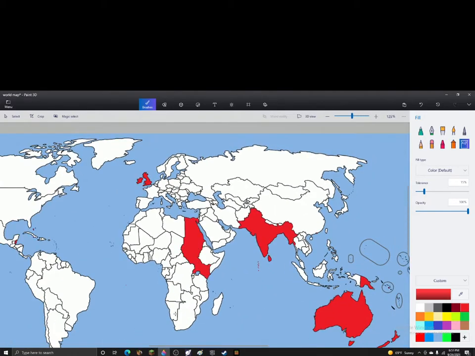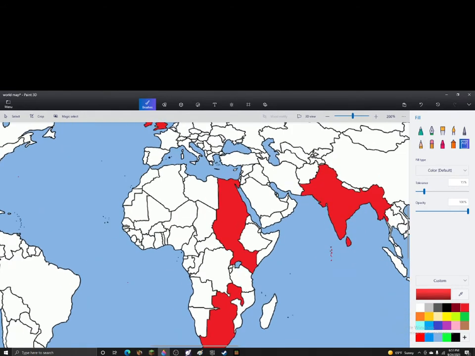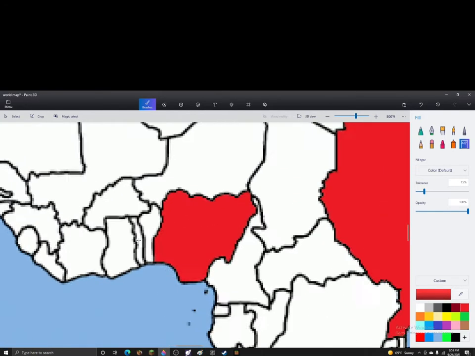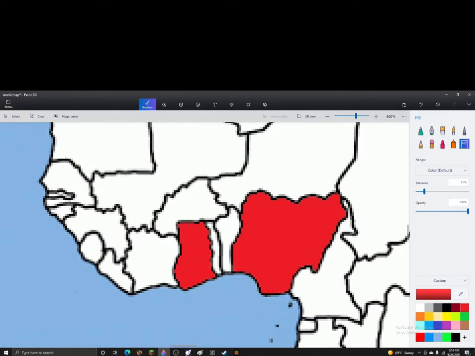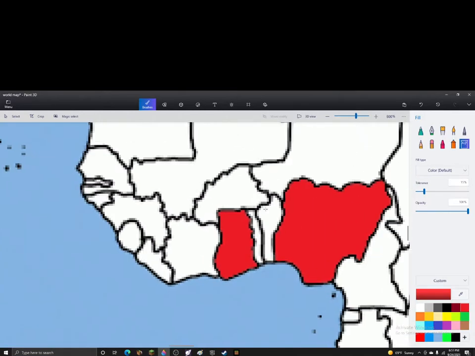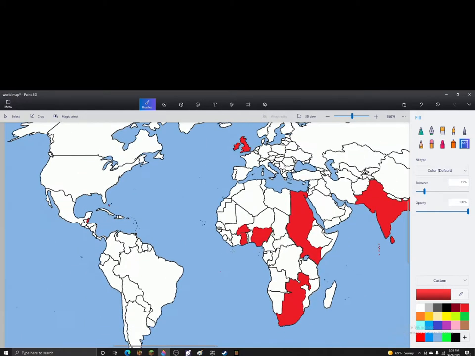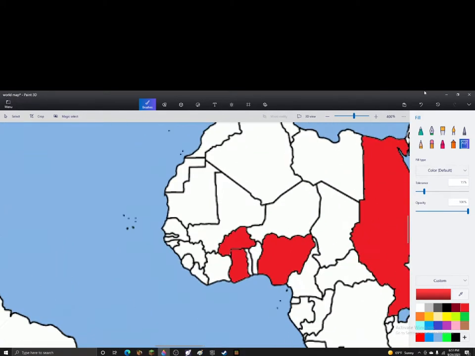And this whole African area to themselves. They also had Nigeria, Ghana. They had quite a lot of land. I think they had Burkina Faso. I can't remember. I'll just give it to them anyway.